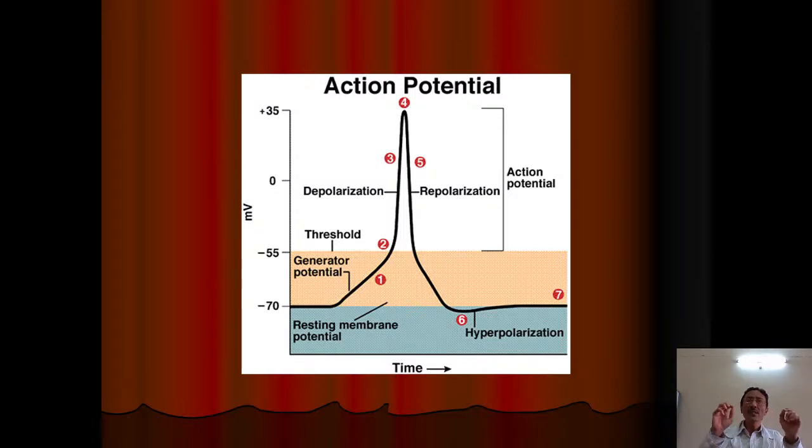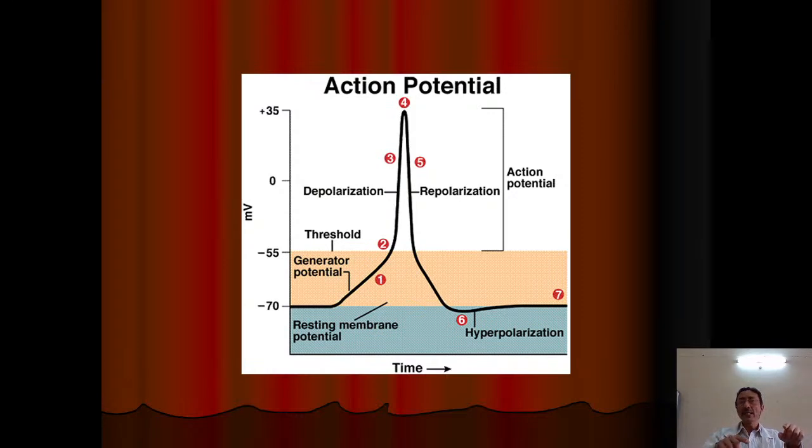You are causing a disturbance in the external environment. This disturbance will make the membrane permeable to sodium ions. As soon as a stimulus is given to the nerve or the muscle, the membrane suddenly becomes permeable to sodium ions.